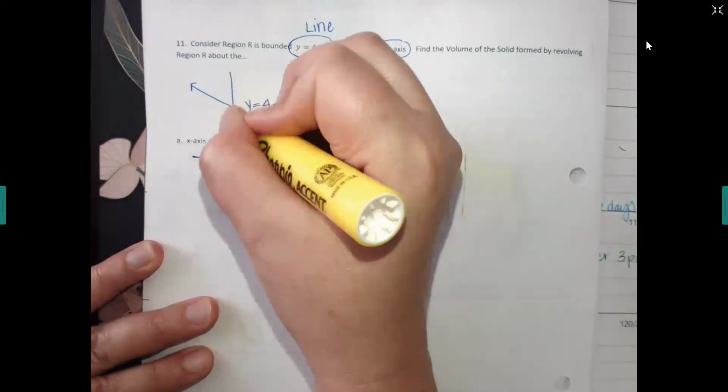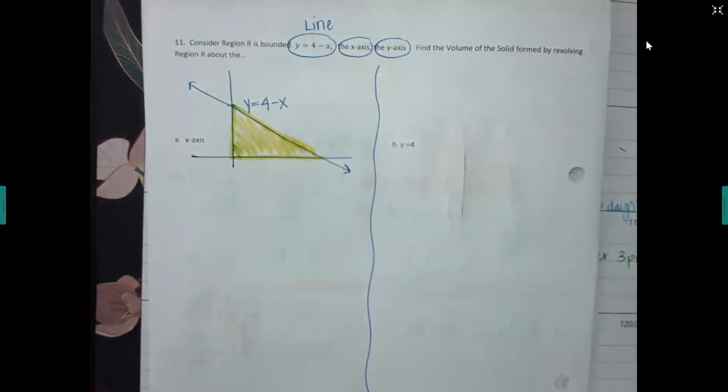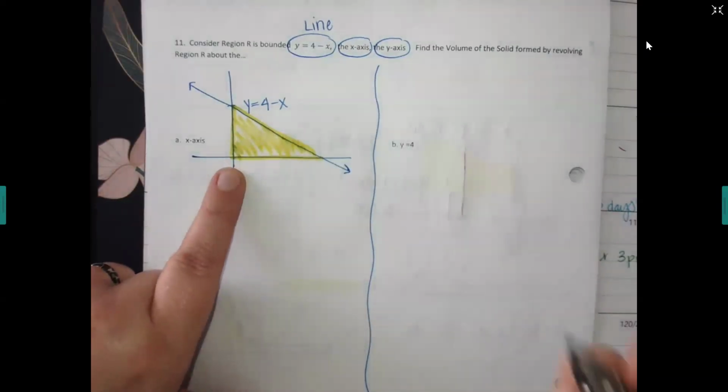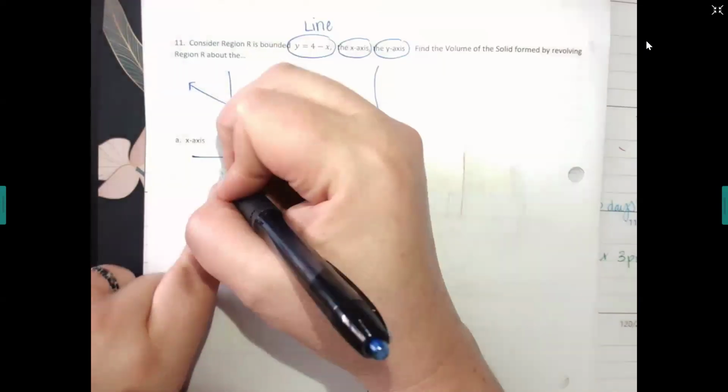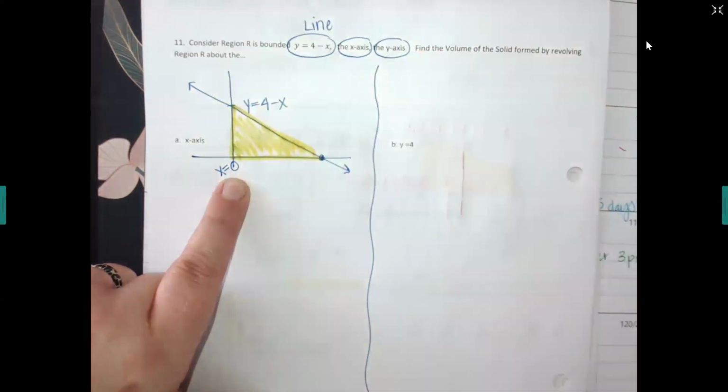Okay, then I see that I have the x-axis, the y-axis, and that line means this region is right here. I know where the region starts because the y-axis is a boundary. What x is the y-axis going to be? 0, but I need to know this end.